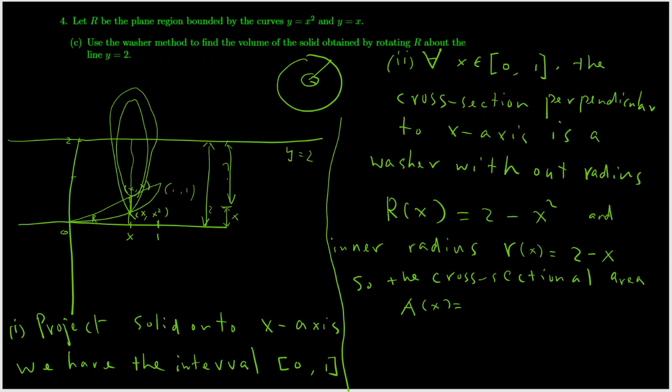The outer radius is 2 minus x squared, so you have pi times (2 minus x squared), the whole thing squared, pi r squared, right? And then pi times the inner radius, 2 minus x, the whole thing squared. That is the cross-sectional area.